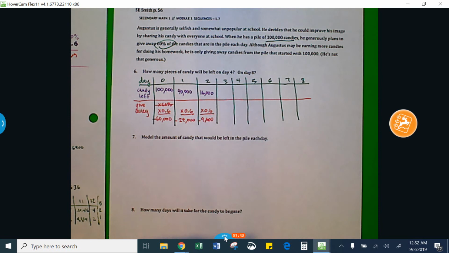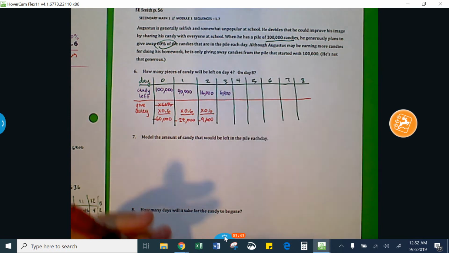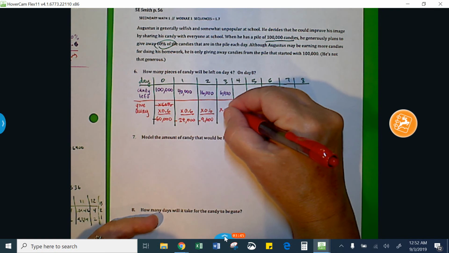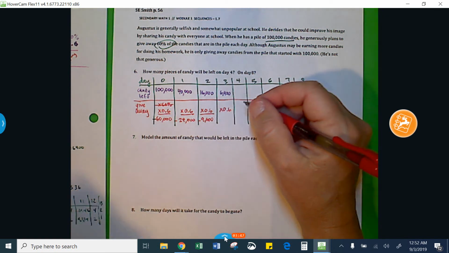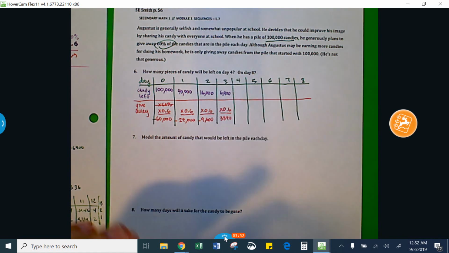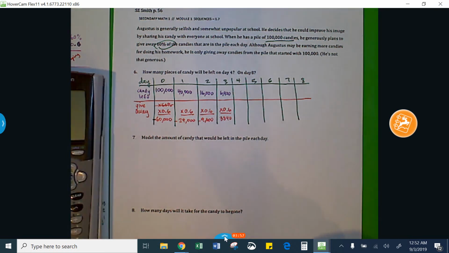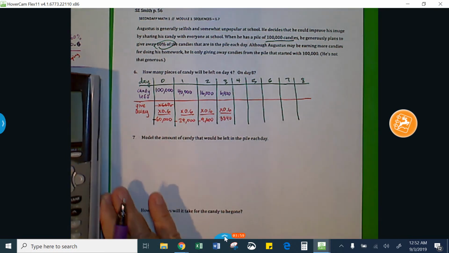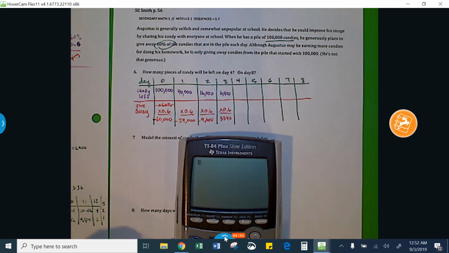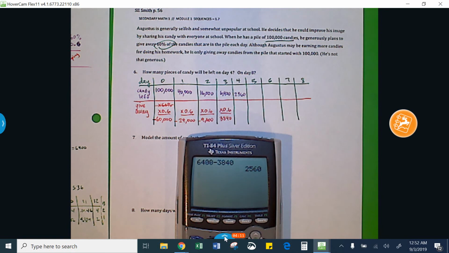We'll subtract it. That leaves 6,400. Then 60% of that is 3,840. I need to get my calculator out here. 6,400 minus 3,840 is 2,560. And I could continue that way.